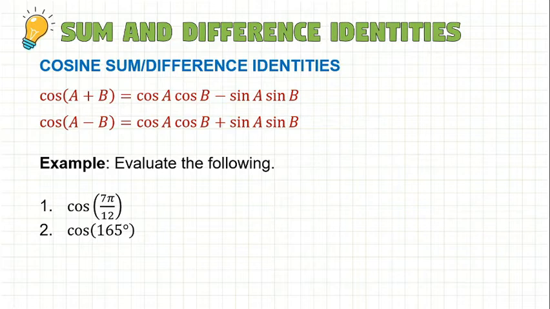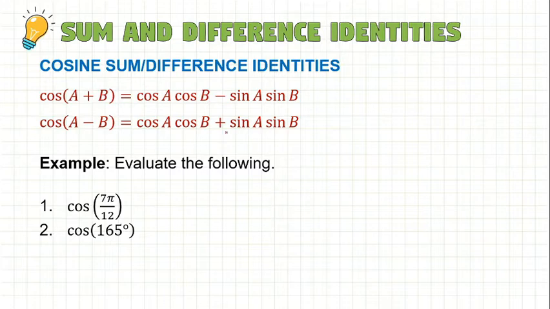The same with what we did in the examples for our sine, we must rewrite the given angles here as sum or difference of two angles. Now, 7 pi over 12 is actually the sum of pi over 3 and pi over 4, right?